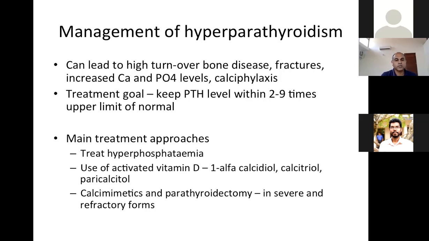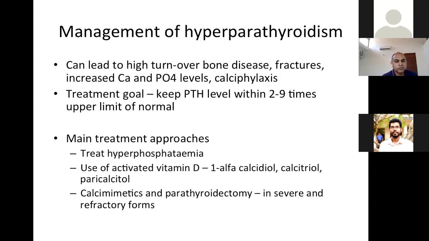As I told you in my previous slide, there are various feedback mechanisms by which PTH levels go up in patients with CKD. One of the reasons is high phosphate level. So if you treat the hyperphosphatemia, then the PTH level goes down. And also low calcium level and vitamin D level are other stimulators of PTH.